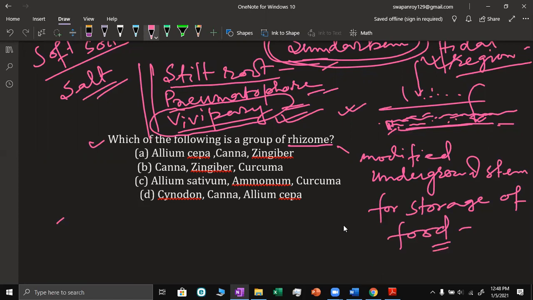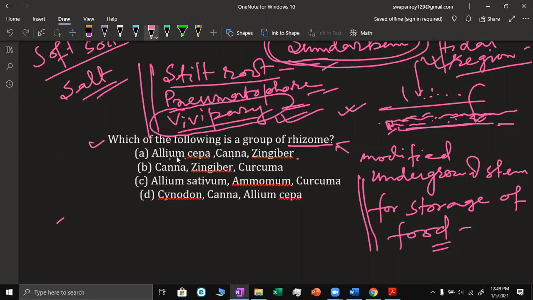They usually grow horizontally. They have the node, internode, and buds. Okay, so which group is a rhizome? Allium cepa, canna, gingiber. Allium cepa is onion.